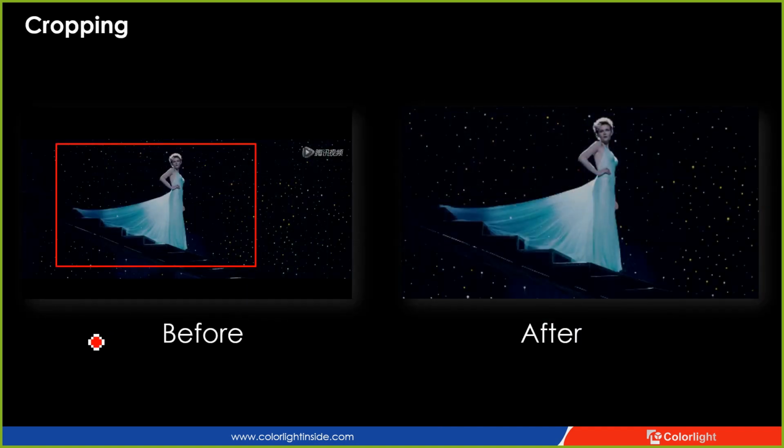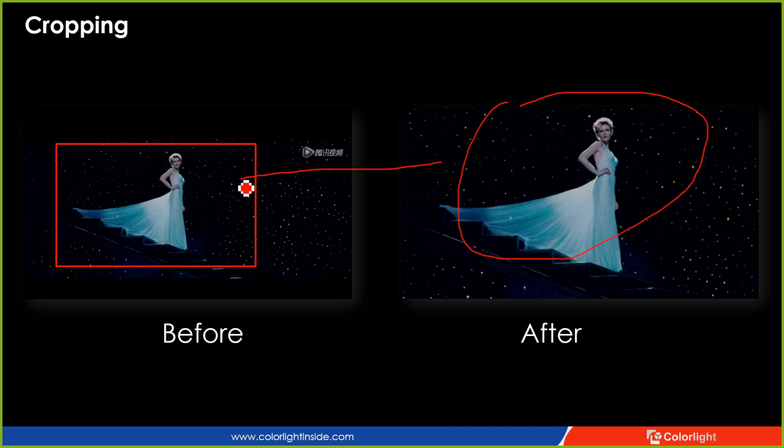Sometimes the input signal gives the whole picture to the LED screen, but the customer wants to show only part of it. In this case, we can use cropping. So you can crop the original picture to part of it and then display it on the LED screen. This function will also have a demo.